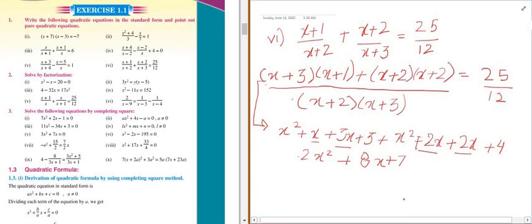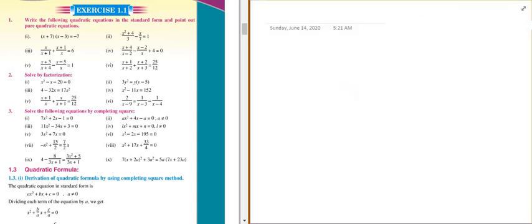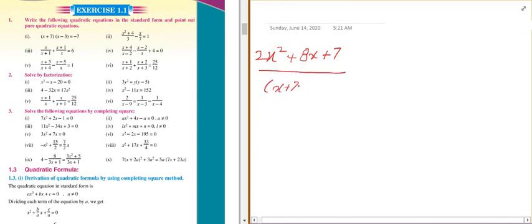So this equation becomes 2x square plus 8x plus 7 over the denominator x plus 2 into x plus 3 equals 25 by 12.